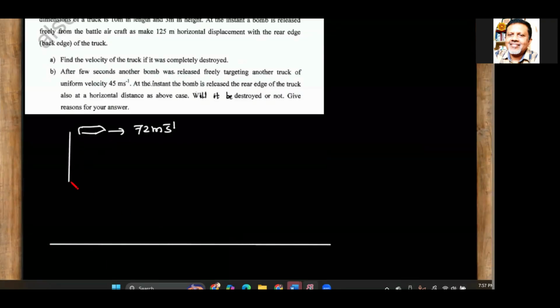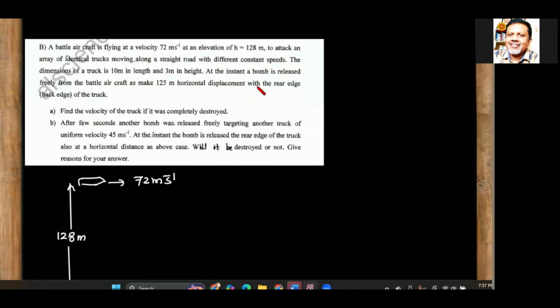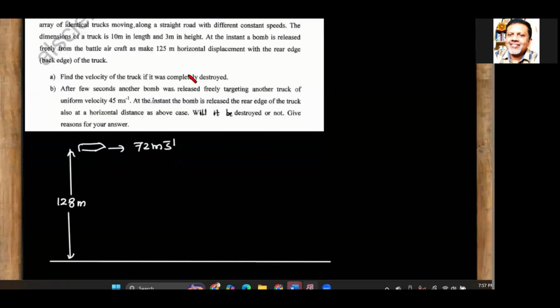So this height is given, 128 meters. Okay. And it says to attack an array of identical trucks moving along a straight road with different constant speeds. The dimensions of a truck is 10 meters in length and 3 meters in height. Right, so dimensions are also given.